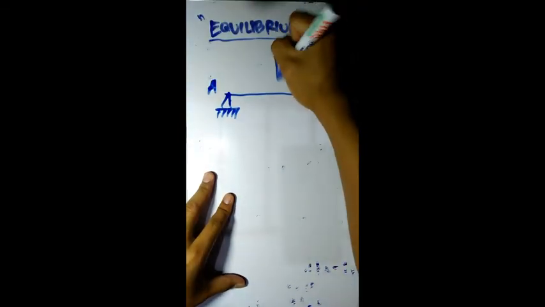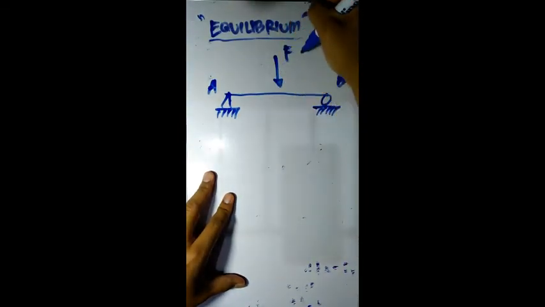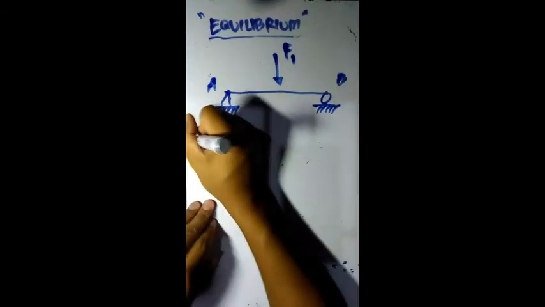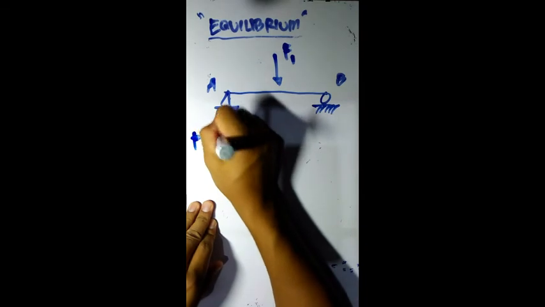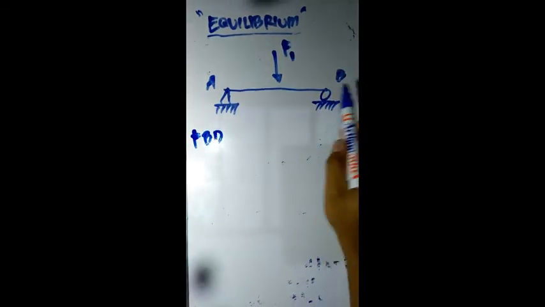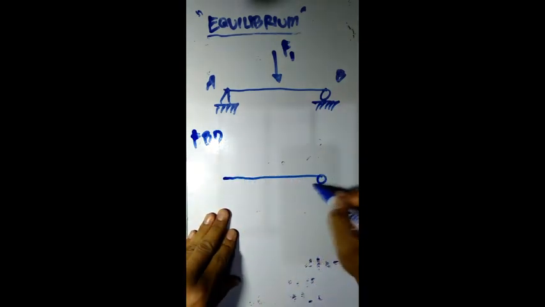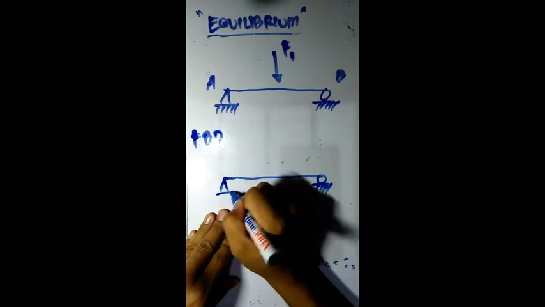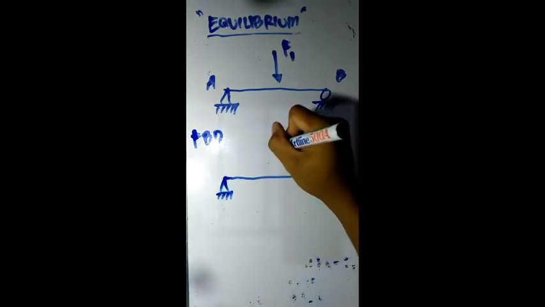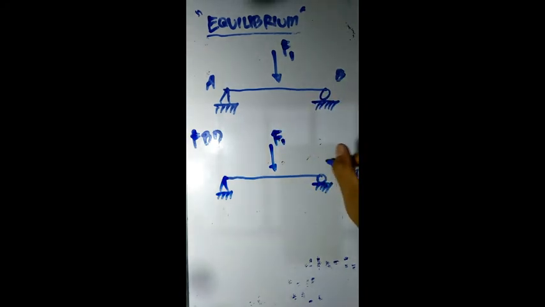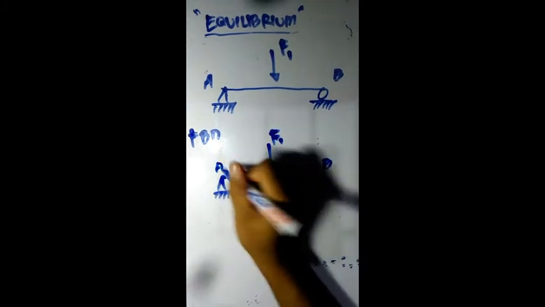So, may force dito na, let's say, si force 1. As you can see, if we are to draw the free body diagram, meaning to say, i-draw natin yung beam na ito, kasali na yung external forces. If we are to draw the free body diagram of that beam, as you can see, this is F1. Ito si point B, ito si point A.